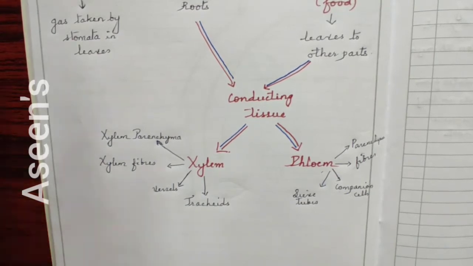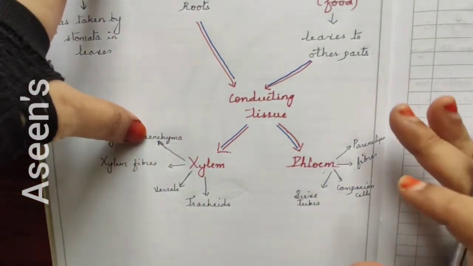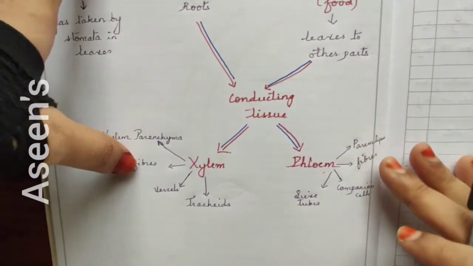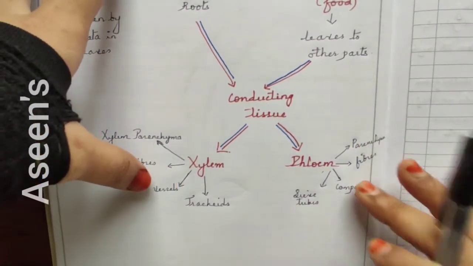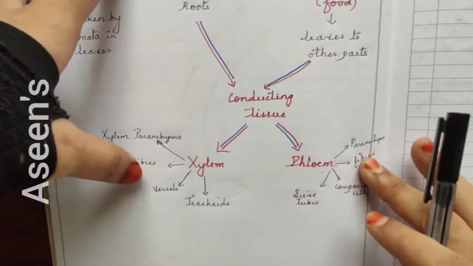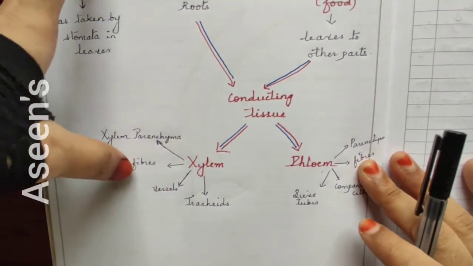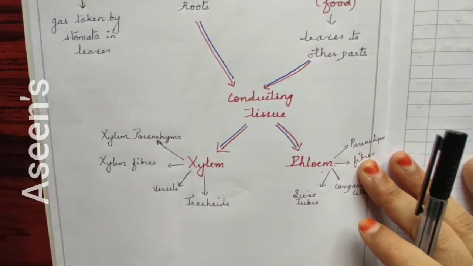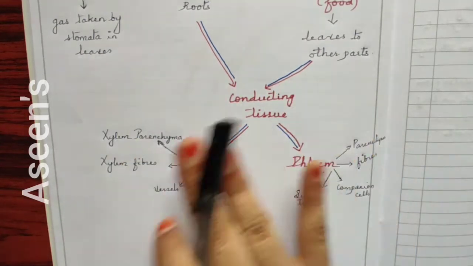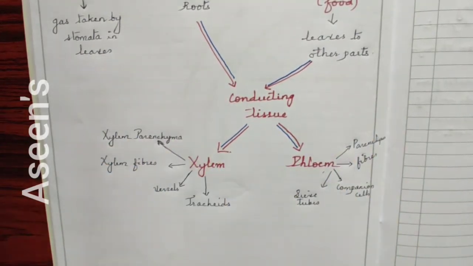Among these, parenchyma is the only living form, the rest are dead. The companion cell, though, is alive, while sieve tubes and fibers are dead. And similarly in xylem, fibers, vessels and tracheids are dead ones. In detail, the chapter was already taught to you in your 9th standard.